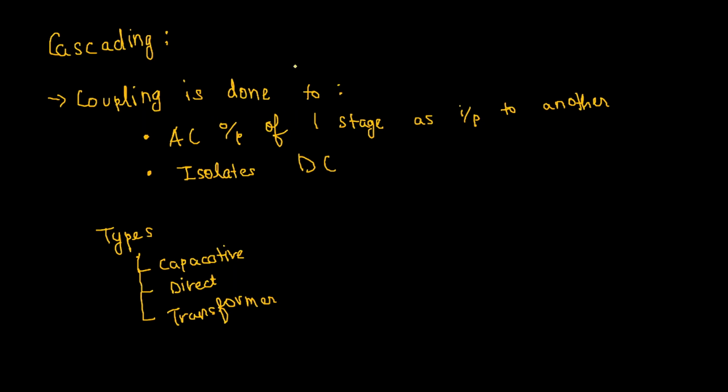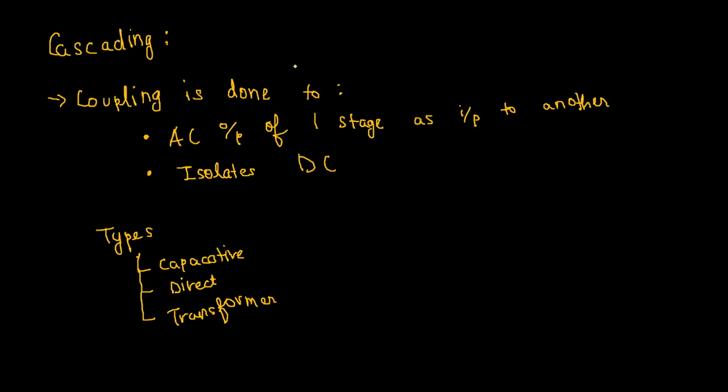So in a cascading amplifier, there is always some coupling between the two different amplifiers, something to couple both of the circuits together. Cascading is done when you want to send the AC output of one stage to the input of the other amplifier, the other transistor.